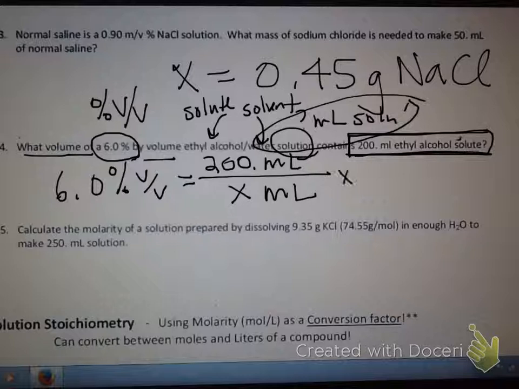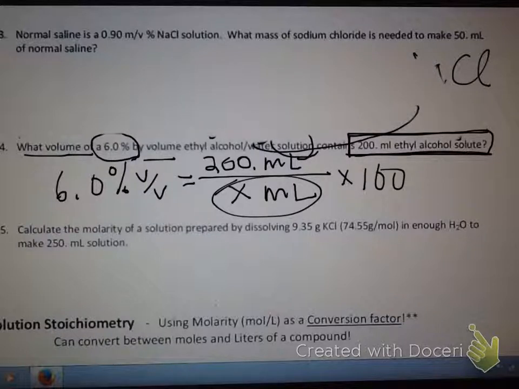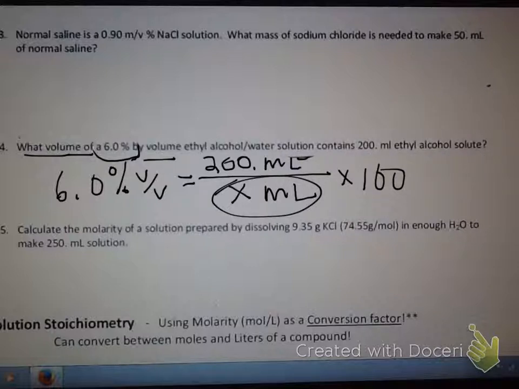So this time we're asked to calculate the volume of the solution that will contain 200 milliliters of that solute. All right, so actually for this problem we're going to use the volume percent again, just like we did the mass volume previously. Now, they all look the same to me.